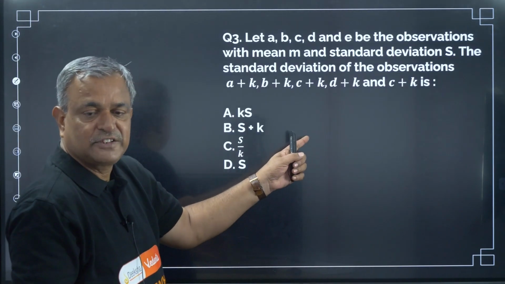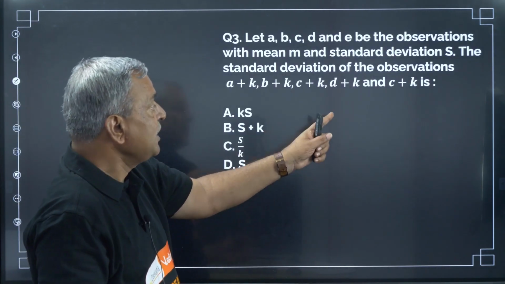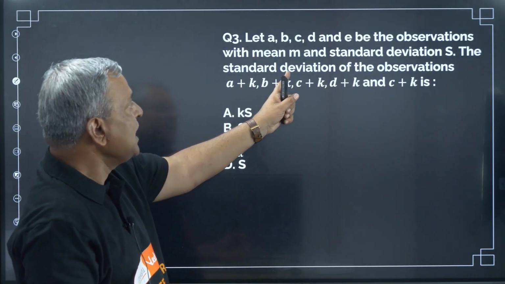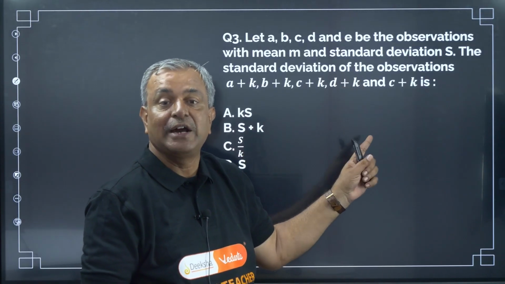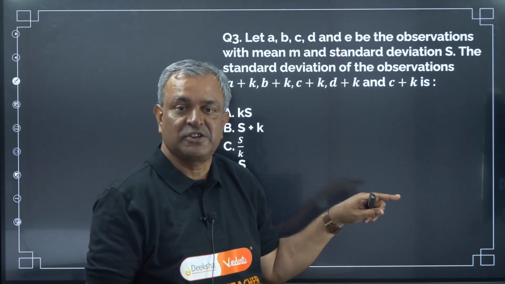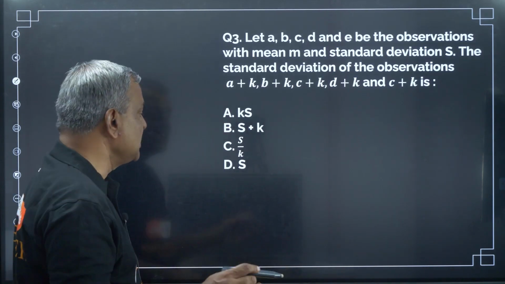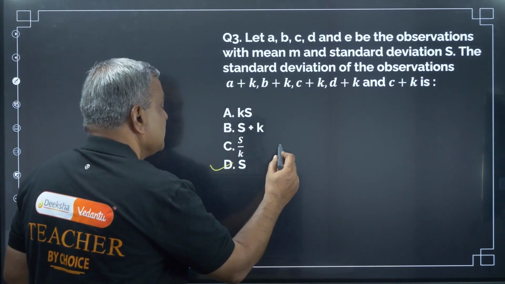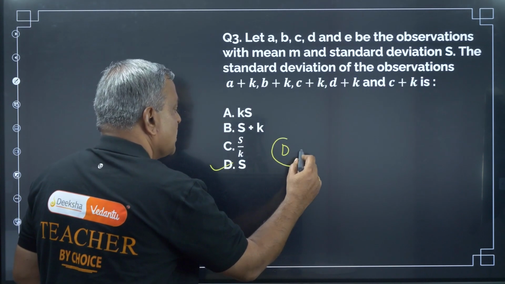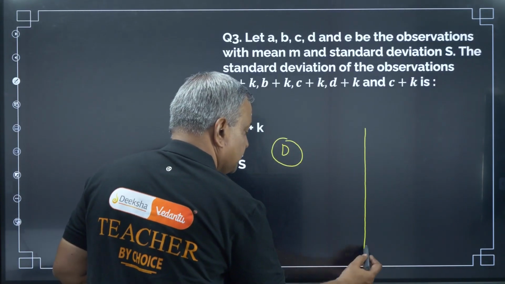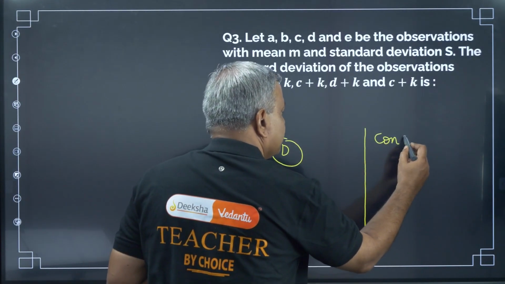Now this also takes 5 seconds. When observations are given A, B, C, D, E, if you add a constant term to these observations, the standard deviation never changes. What is the concept? You write here the concept used.